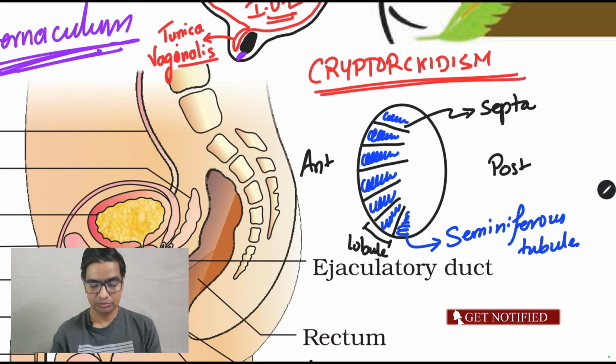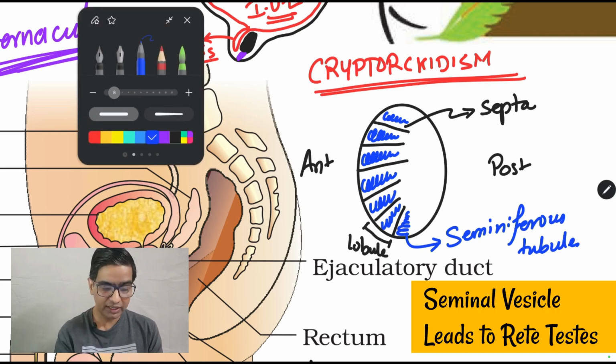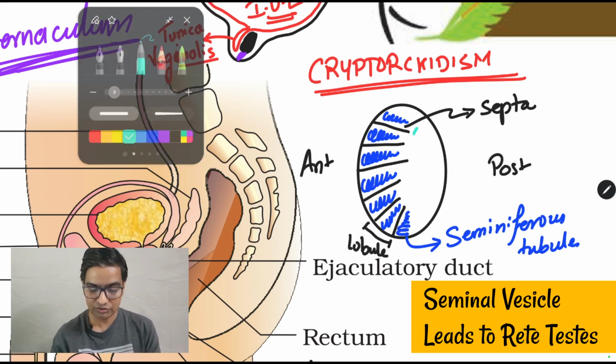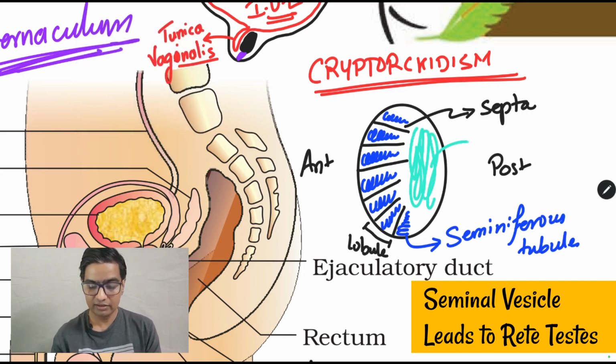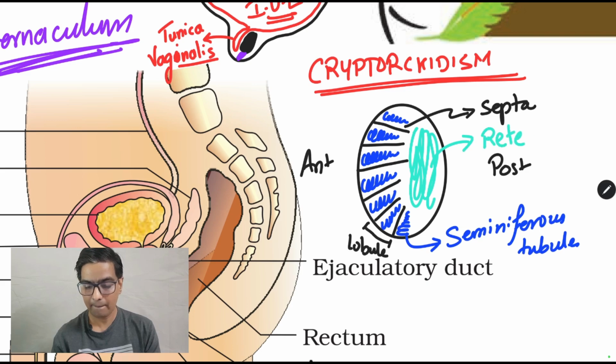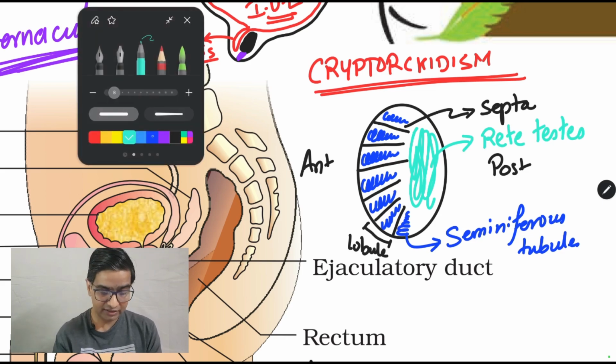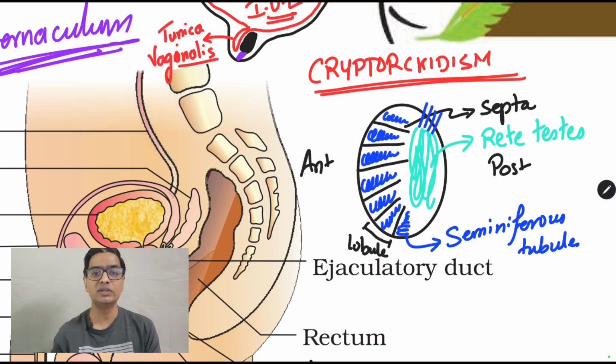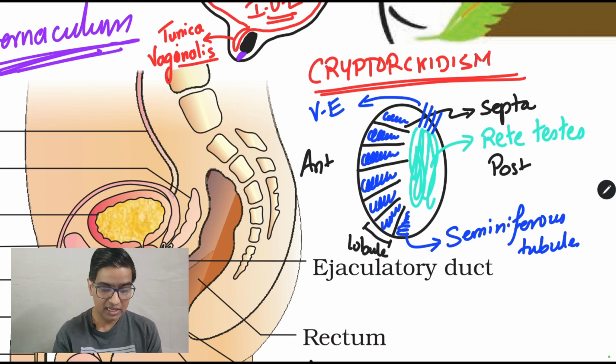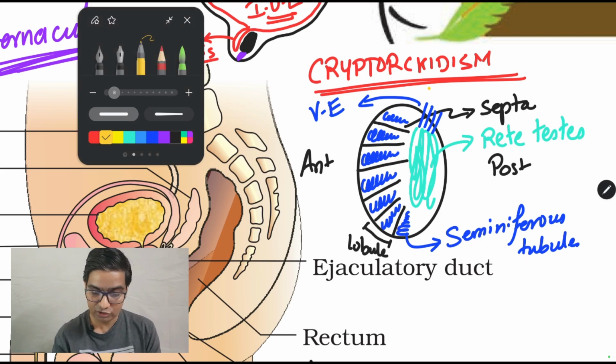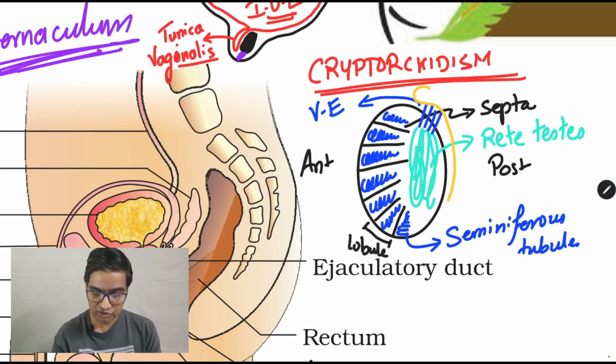These seminiferous tubules go backwards and open into another highly coiled structure called the rete testis. And from the rete testis, you get a lot of tubes going outwards. These tubes are called vasa efferentia. VE refers to vasa efferentia, and vasa efferentia eventually ends in a structure called the epididymis.